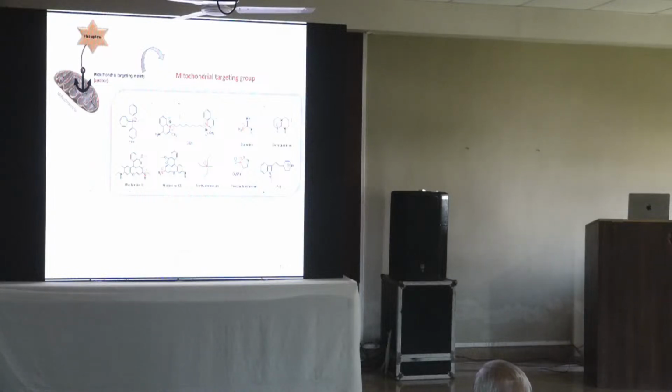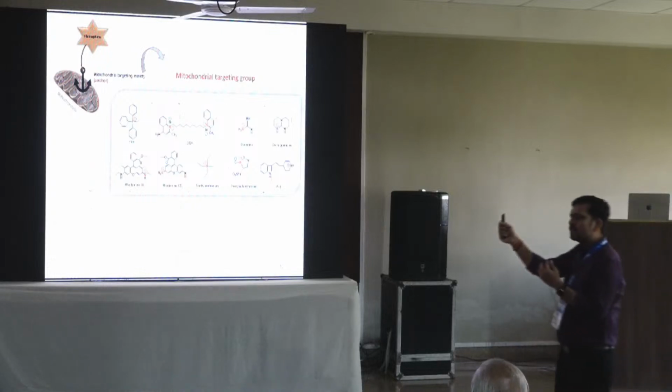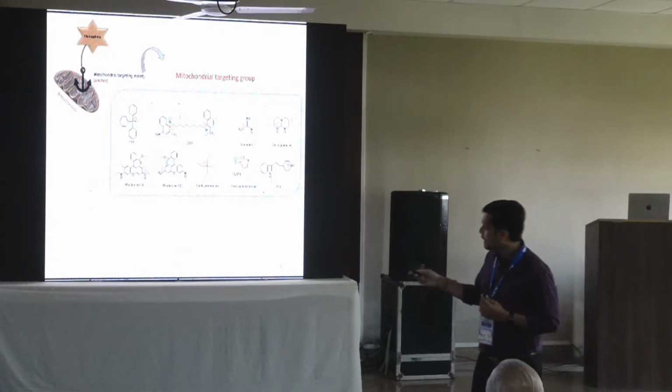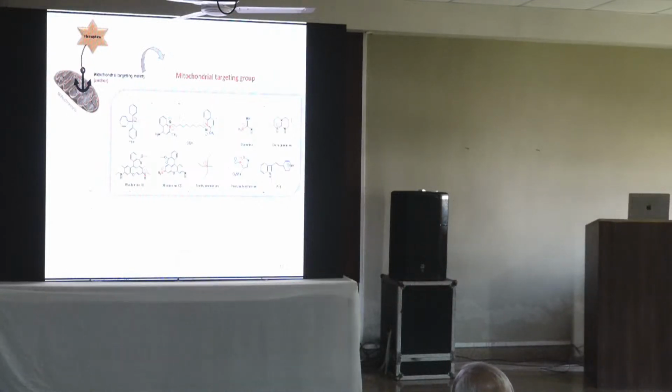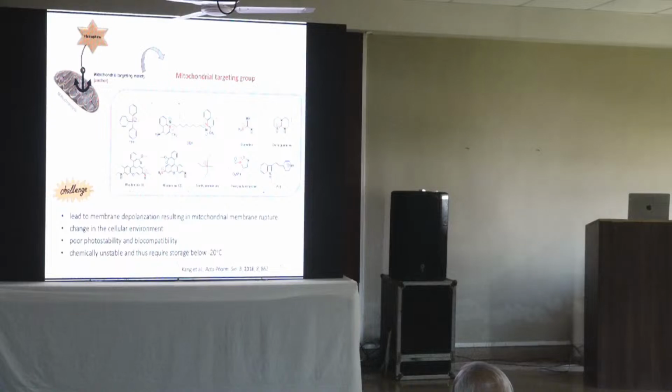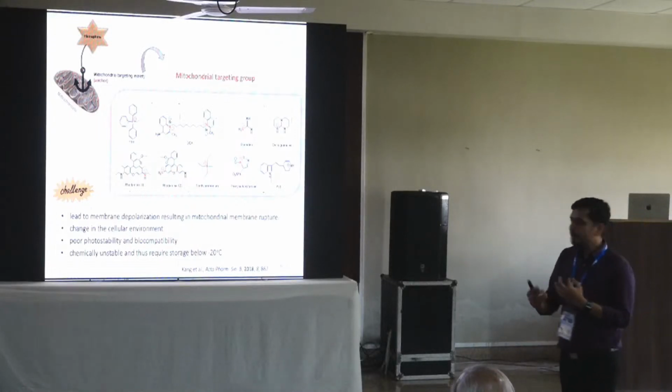They have some kind of cationic charge residing on the molecular structure, right? The problem with these cationic species is they can rupture or play around with the membrane potential of the mitochondria. That means you will not get an exact picture of how your mitochondria is working, okay?